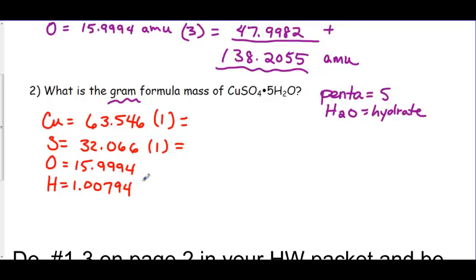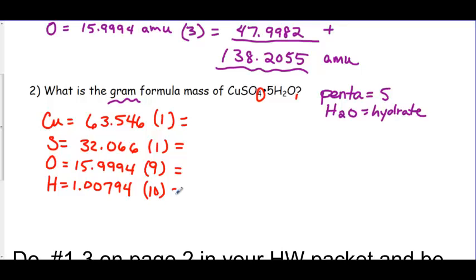Now oxygen, we have 4 here, and then we have 5 over here, because the subscript technically is a 1. So 5 times 1 is 5, and 5 plus 4 is equal to 9. So we have 9 oxygens in the formula. And then hydrogens, we have 5 times 2, which is going to equal 10.